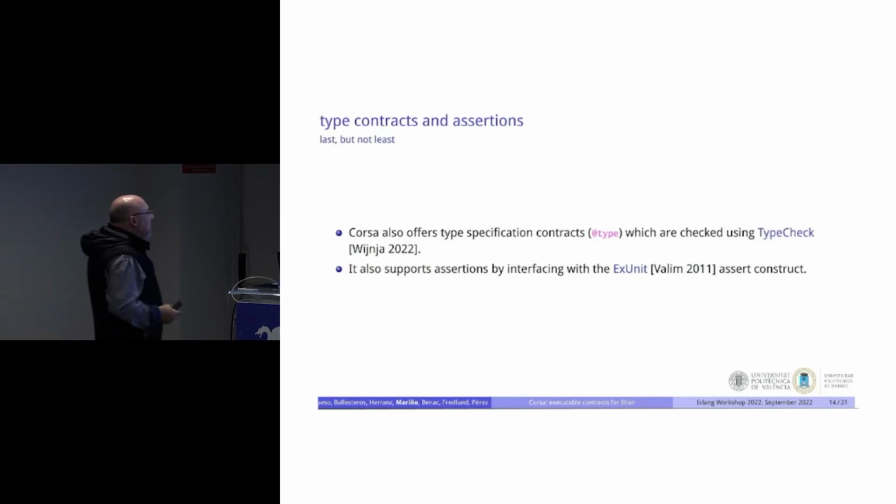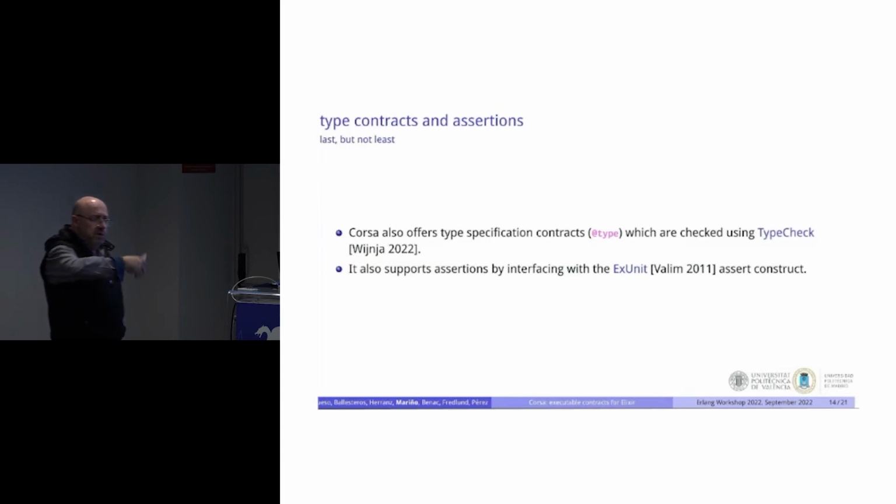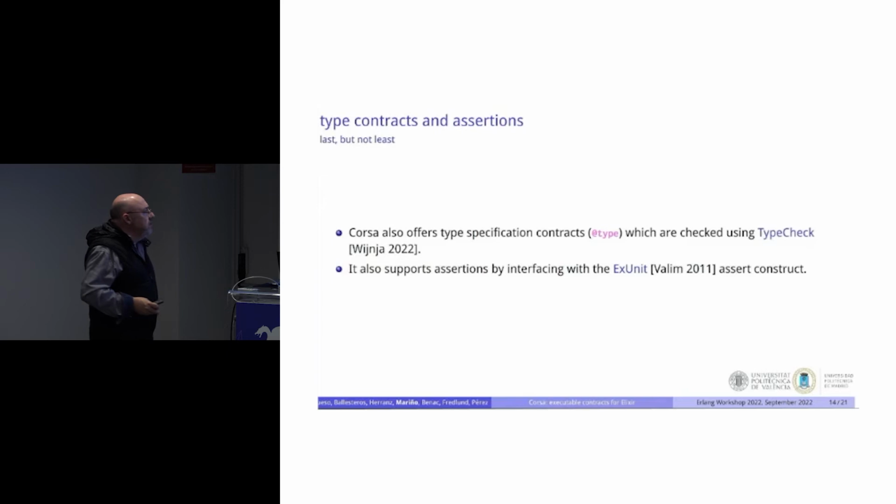We encourage our students to use it, right? So you can call type constraints from inside Corsa, and we can also call some asserts at the moment using the XUnit library from Specification. The idea for the future is that you can use Corsa with a number of external analysis tools, right? So that you can access that information in a single place.